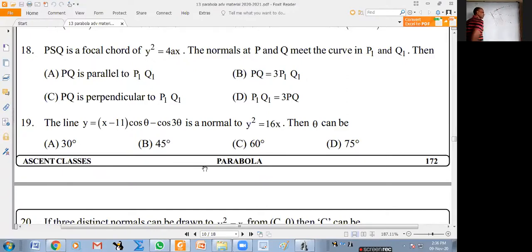The normals meet somewhere here. Okay, this is S, this is P, this is Q. The tangents are intersecting here. The normals intersect the parabola again at P1 and Q1. They're perpendicular for sure.